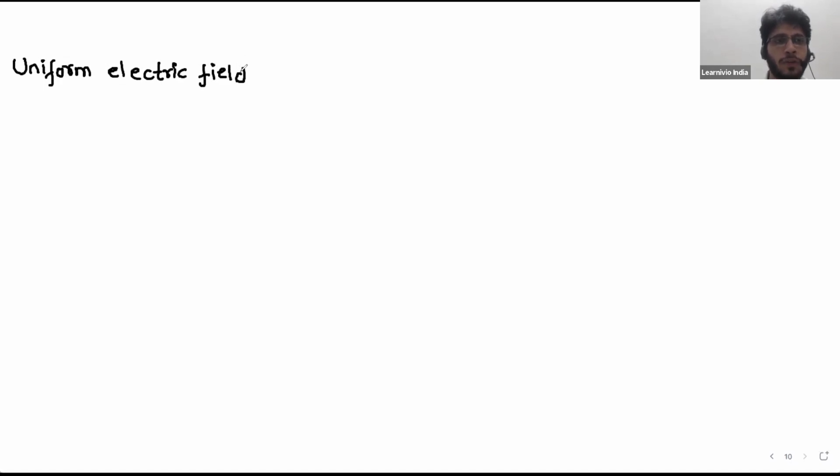Uniform electric field means field which is independent of position. Uniform field means both magnitude and direction of field will remain constant with distance.